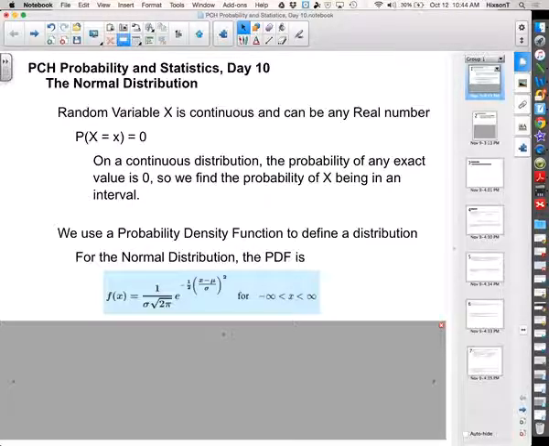Sigma, which is standard deviation, and what else? This whole thing ends up being squared.